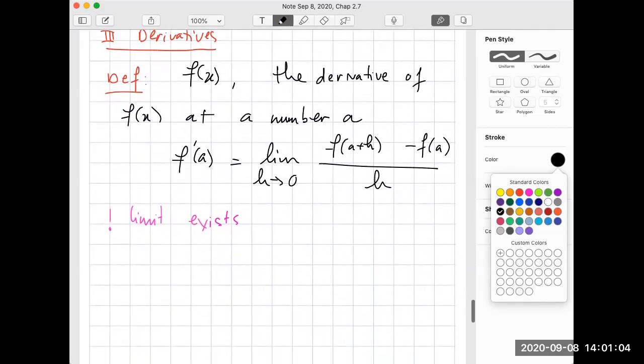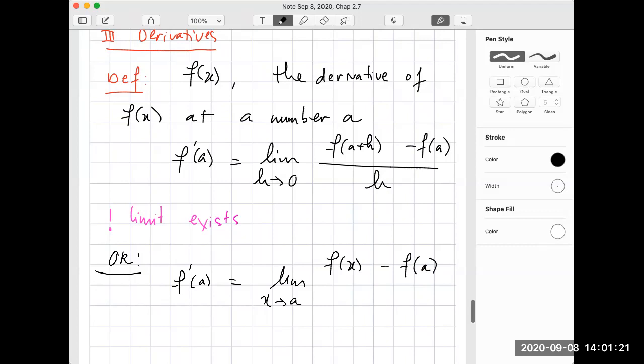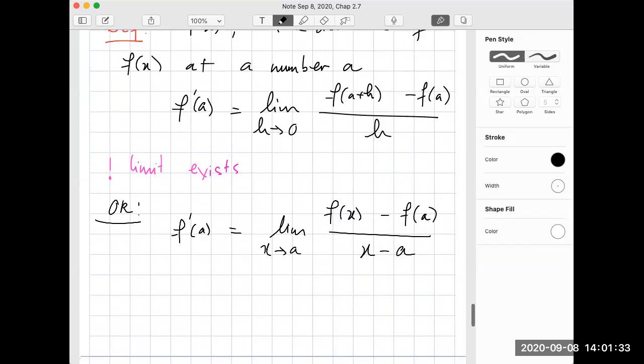Or we can write it as f prime, the derivative of f at a, is the limit when x approaches a of f of x minus f of a divided by x minus a. They're the same thing, okay? Now, from this definition, let us find the derivative of the function here.